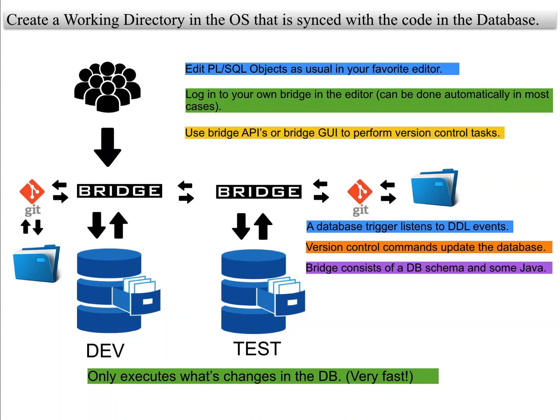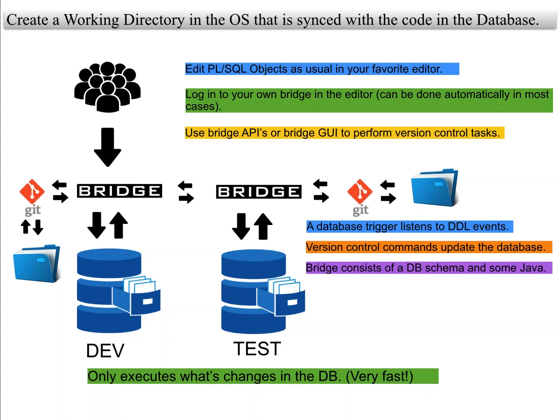So we got one or two database triggers, I think two, that listen to DDL events. So anytime I create a package, a trigger, a view, a synonym, basically whatever I can create using a create or replace command, we listen to it. How you can do this, you can always Google it.